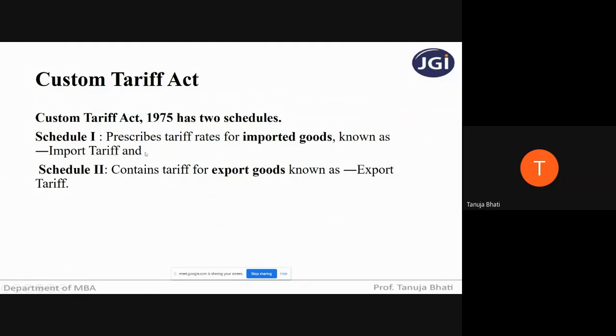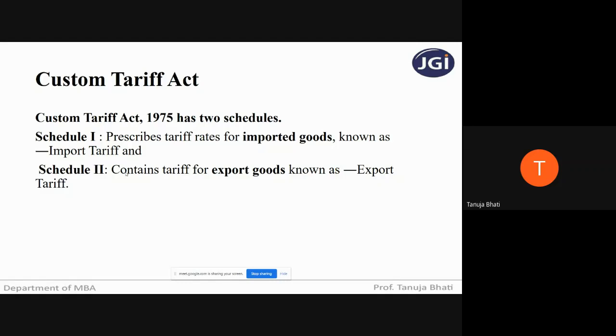Suppose you're importing goods and you want to know the rate applicable on that particular good, then you have to refer to Schedule 1 of the Customs Tariff Act. So Schedule 1 is only for the import tariff, that is import duty. And Schedule 2 contains the tariff for export goods, known as export tariff.